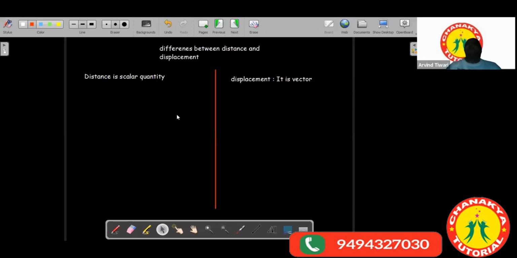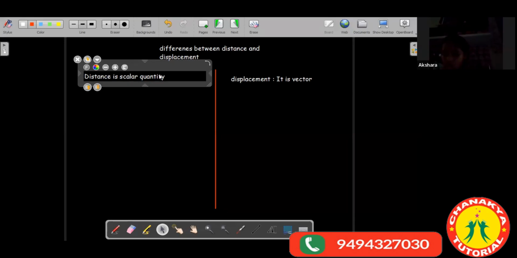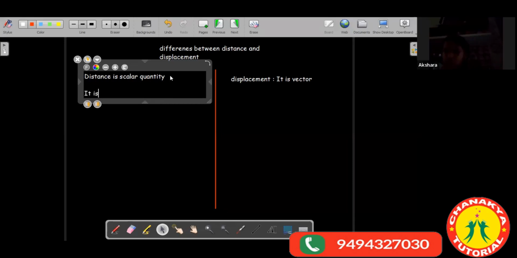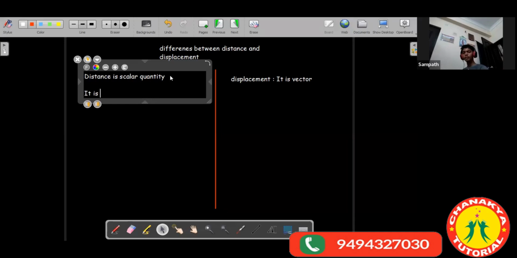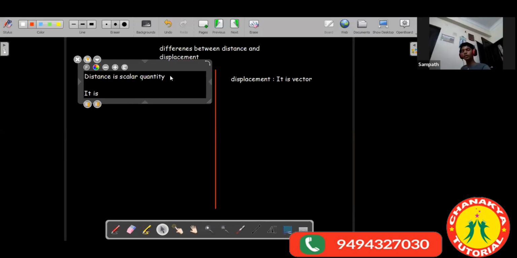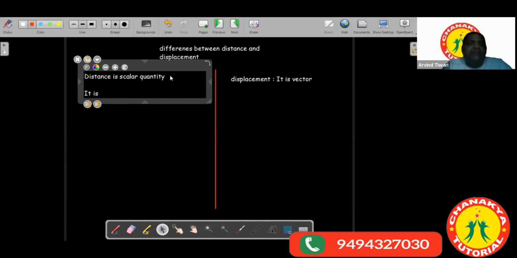Now, any other differences between distance and displacement? Anything else we can write for distance? Sir, distance changes, but displacement remains the same. No, it's not necessary.